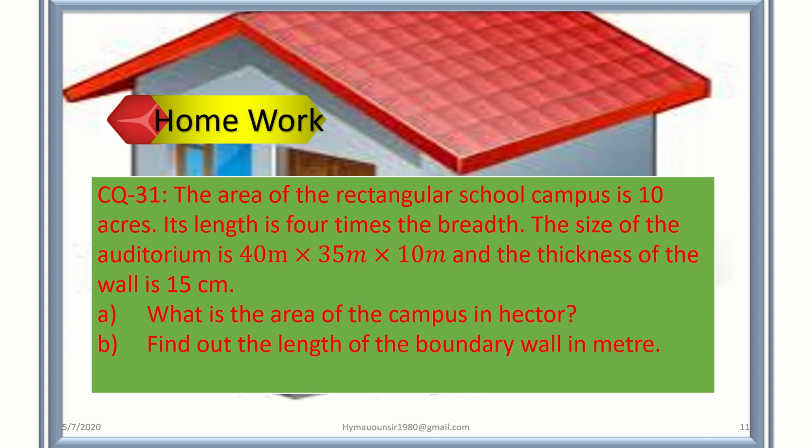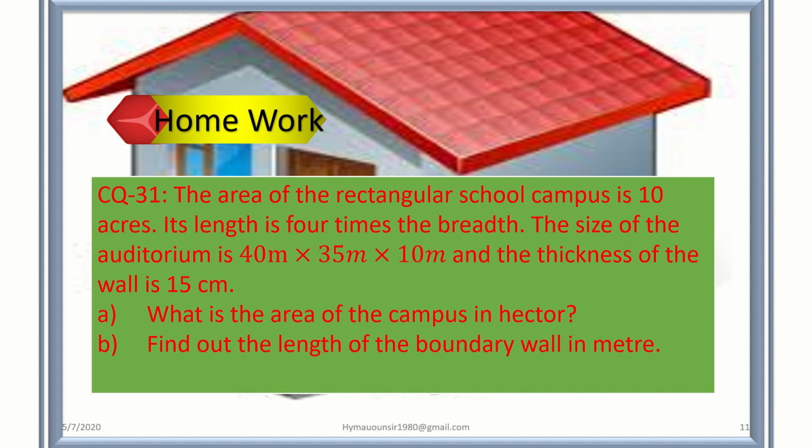It is the perimeter, because you have to find the boundary wall in meter and the unit will be meter. Clear everyone? So at first you have to find the length and breadth, then add length and breadth and multiply by 2, and you will get the required result.